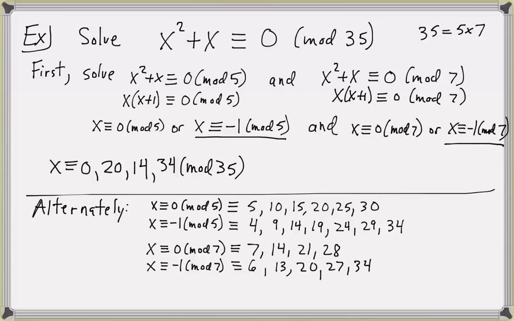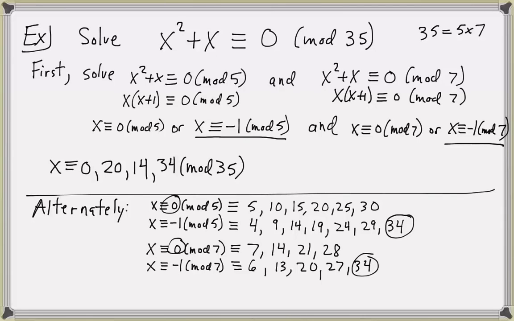So look for residues that are on the list of residues mod 5 and also on the list of residues mod 7. We see that 0 and negative 1 or 34 are both solutions. So you can write 0 and negative 1 or 0 and 34. Let's look at other residues that are on both lists.